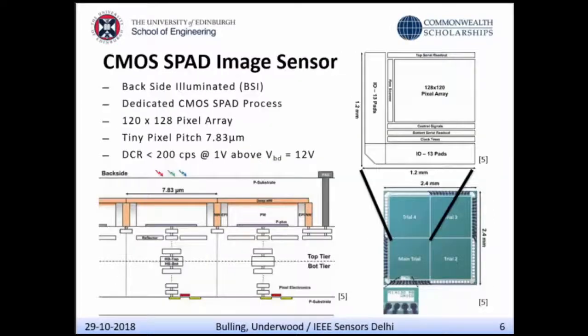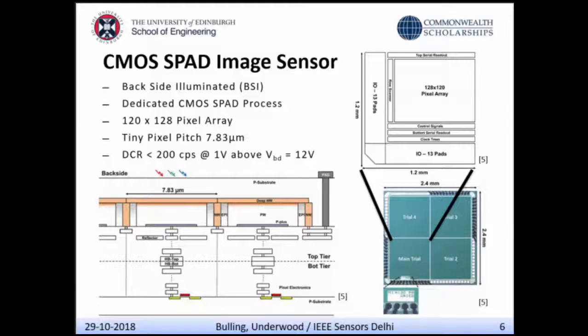The image sensor itself is a 3D stack backside illuminated SPAD within a dedicated CMOS process. It's wafer to wafer bonded, face to face, and consists of a 120 by 128 pixel array, so just over 15,000 pixels. It has a very small pitch size of 7.83 microns, and at 1 volt above the breakdown voltage, it has a very low count rate, so it's very good for noise, to make sure we see the signal.